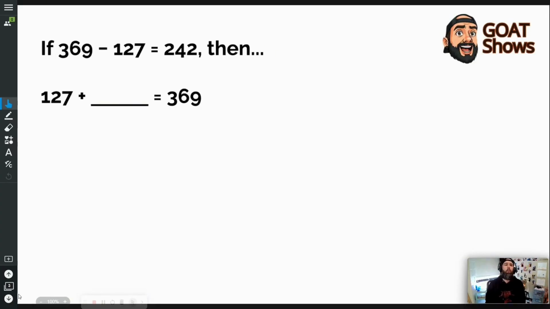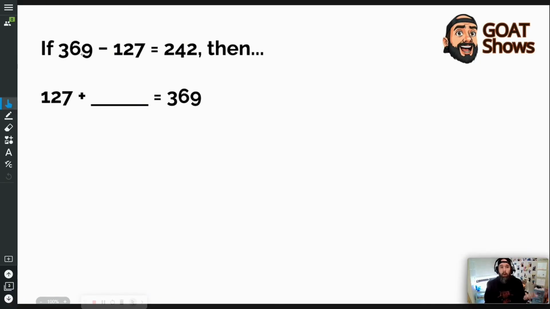Now, the first thing that we're going to do is rearrange some numbers based off of what we're talking about. If 369 minus 127 is 242, then 127 plus blank equals 369. So we're rearranging things, and we're trying to understand what addition and subtraction actually means.